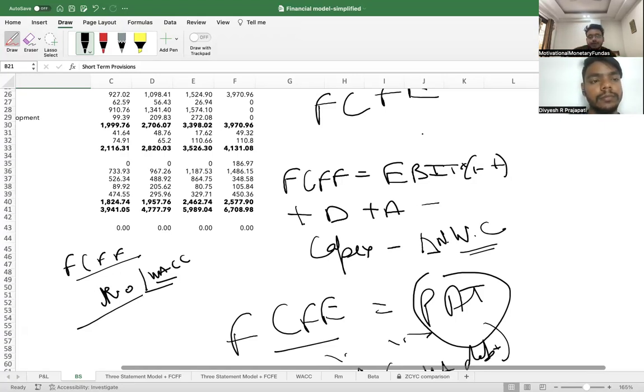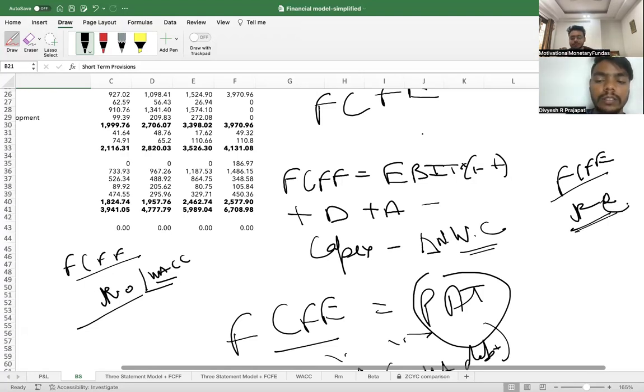But whenever we are calculating the valuation of a firm using FCFE, we discount it by the cost of equity, denoted by k subscript e, because FCFE is an equity number. It has to be discounted by an equity number only.